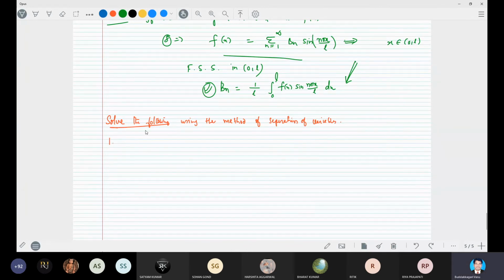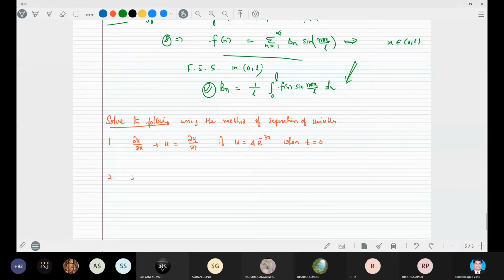Number one: dou u by dou x plus u is equal to dou u by dou t, if u is equal to 4 into e power minus 3x when t is equal to 0.